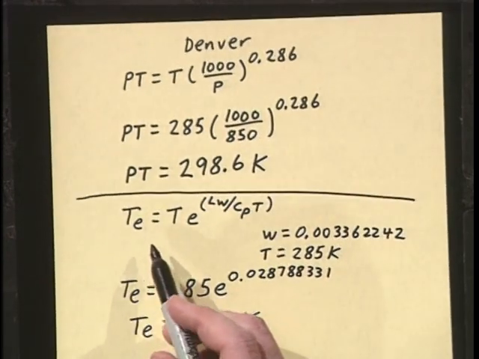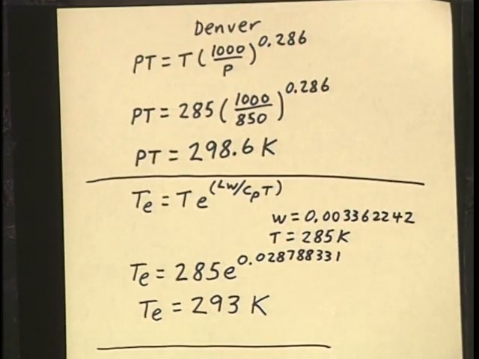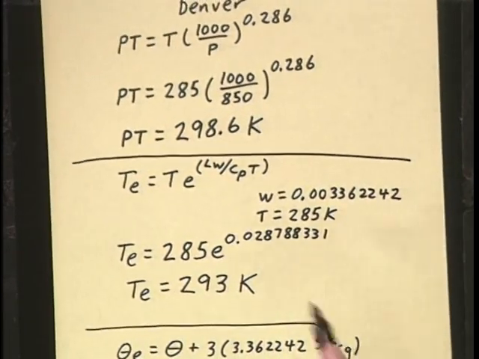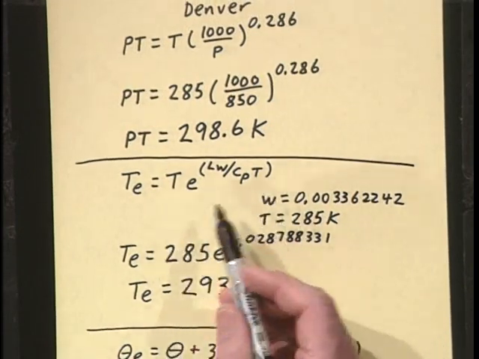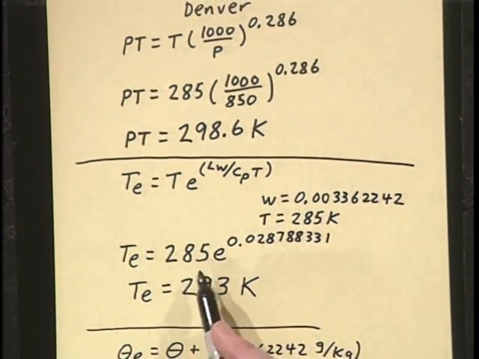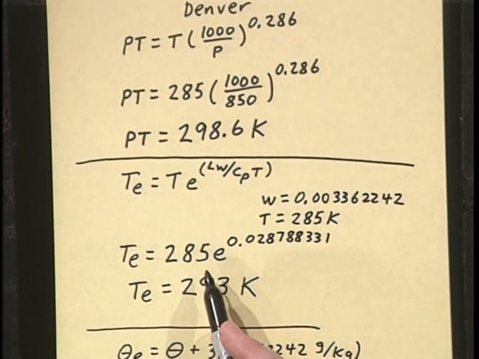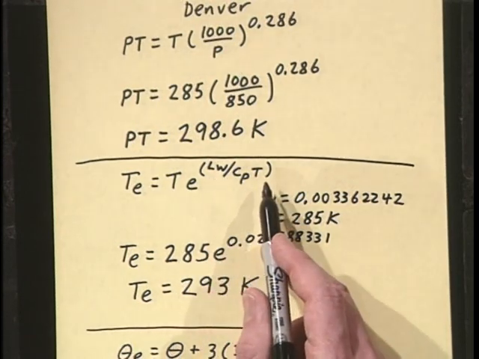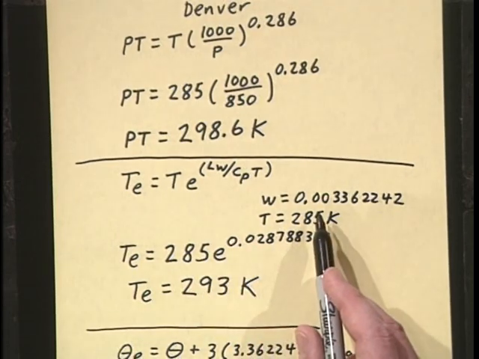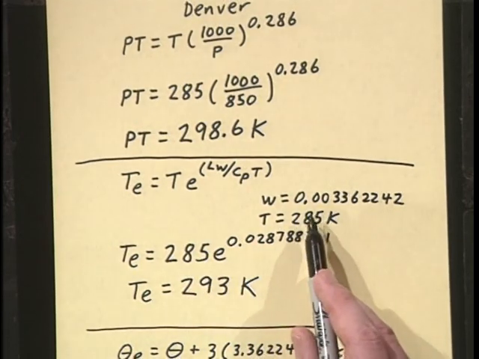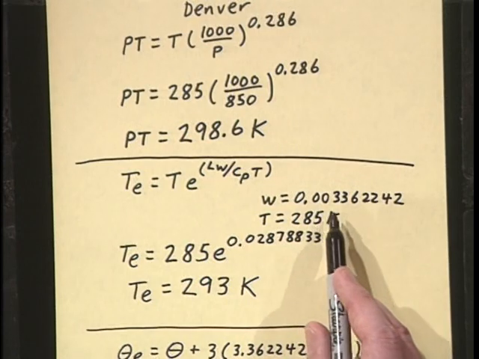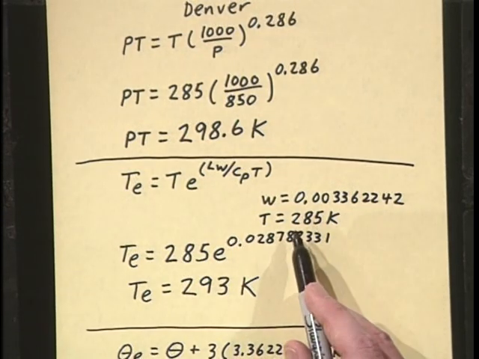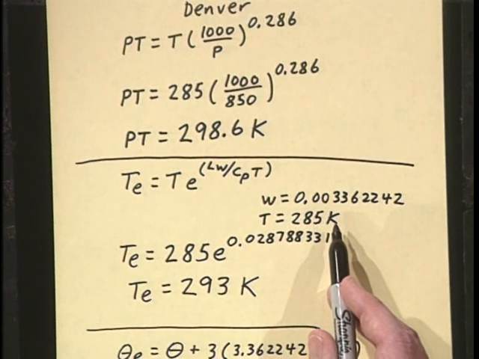Now for the equivalent temperature. We take the temperature, which is 285, and multiply that by the exponent of L times W divided by Cp times T. Our W value we found just previously, the 0.003362242. Our temperature is 285.